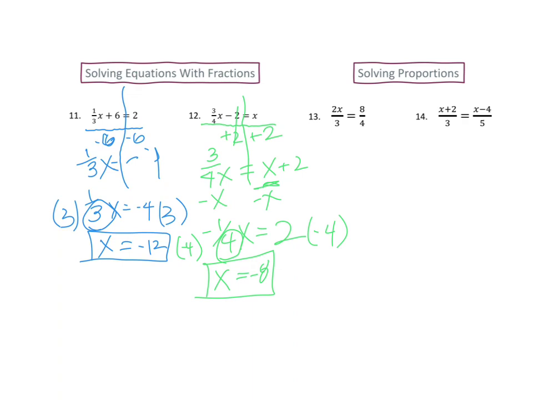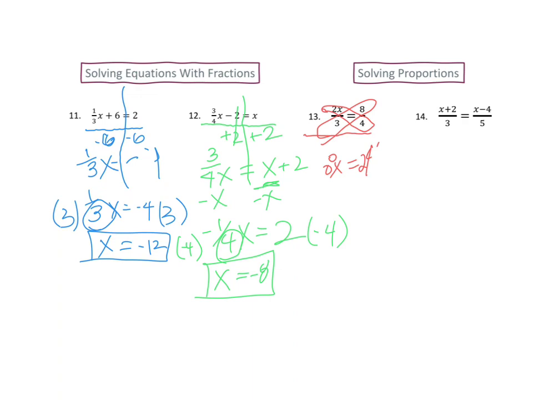Number 13 says 2x over 3 equals 8 over 4. Solving proportions, we cross multiply. So I make it 2x times 4, and then I make it 3 times 8. What I come up with is 2x times 4 would be 8x. 3 times 8 is 24.